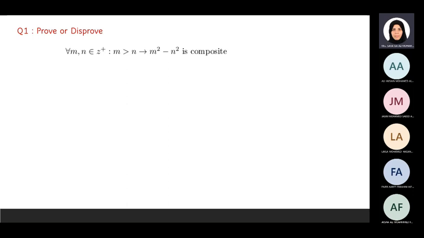If I try small numbers, for example 2 and 1, both of them belong to Z plus. 2 is greater than 1. But here 4 minus 1 is 3, and 3 is a prime number, not composite, so the conclusion is false. Meaning, I tried the first two numbers in the domain and it turned out false. So this is a false statement.